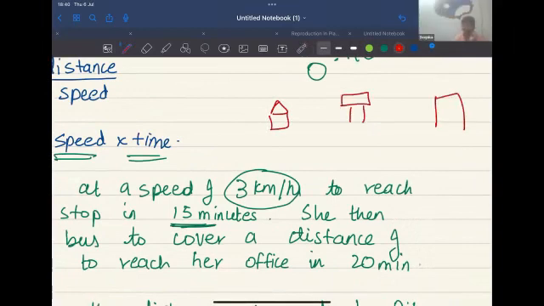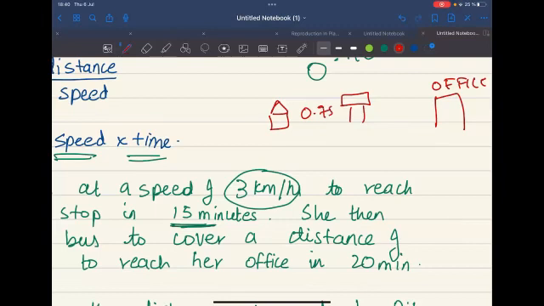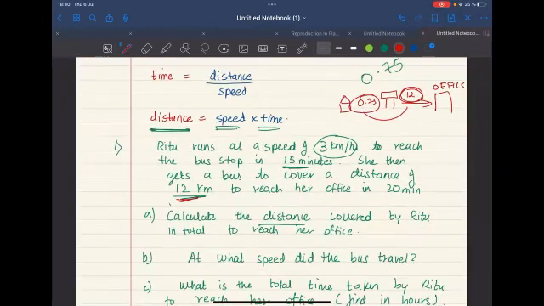Office is here. This is only 0.75. The remaining here is 12. So 0.75 plus 12 is the total. That's why you need to find only this. The remaining I've already given over here. So it's easy.